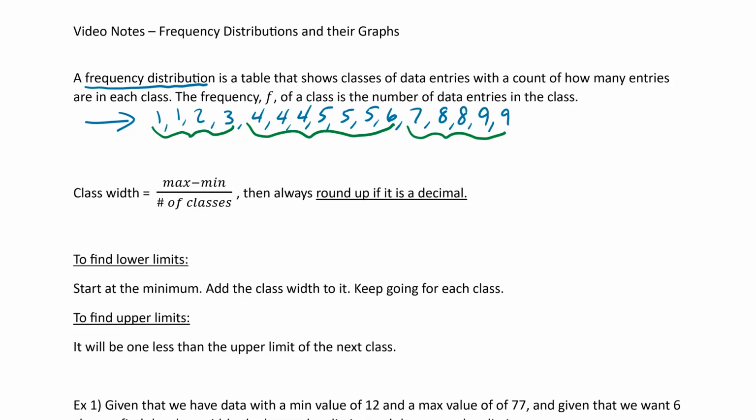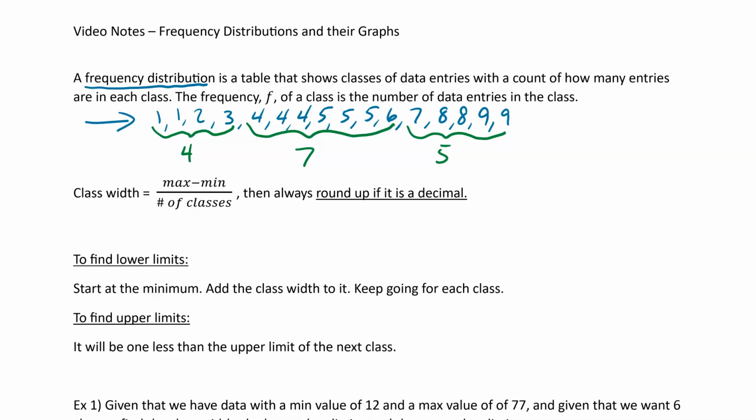The frequency is how many numbers show up in that class. So for 1 through 3, for example, there are 4 of them right there. For 4 through 6, there are 7 numbers in there. And for 7 through 9, there are 5 numbers. That's basically what we're trying to do, is just find classes to be able to group them together and then count how many are in that class.